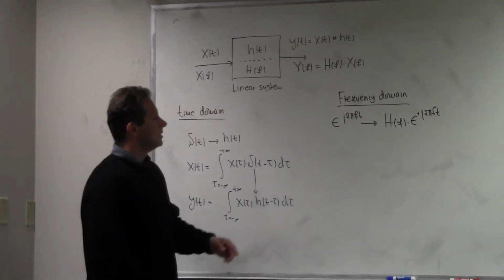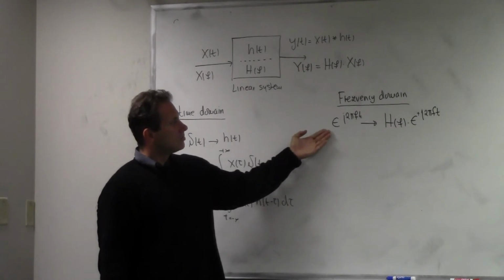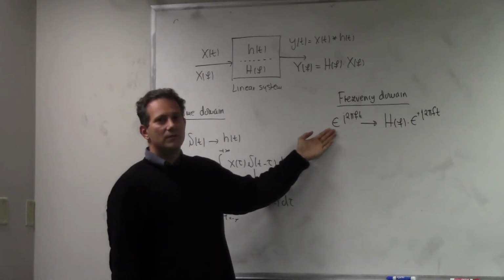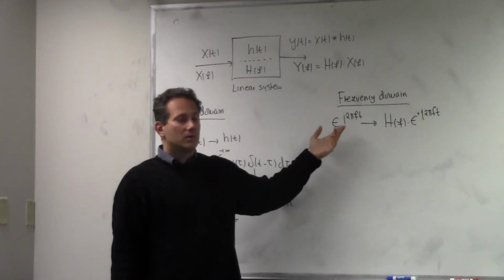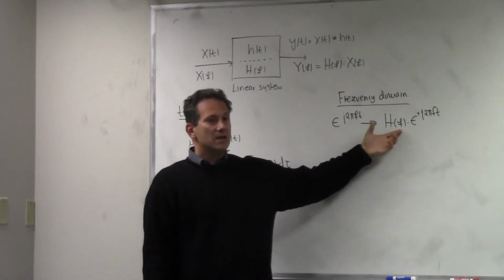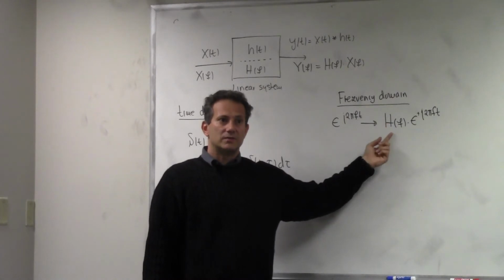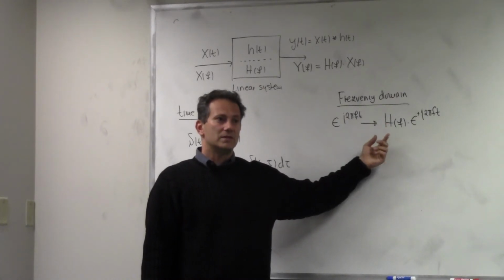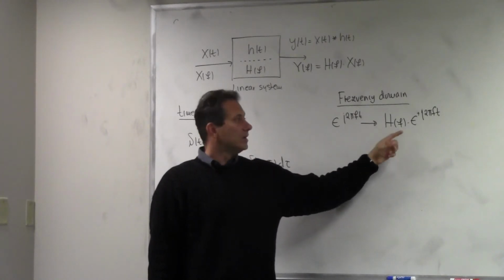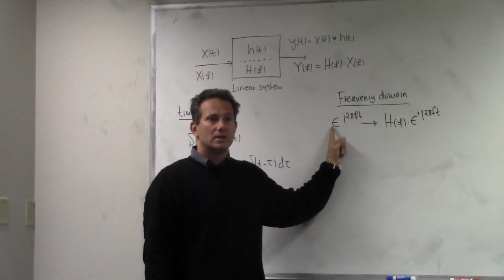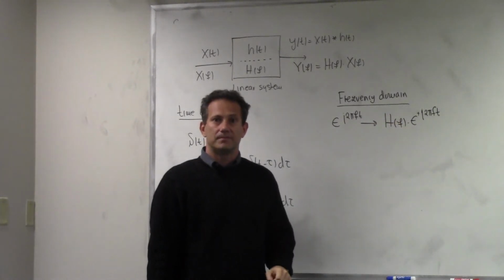So what I find out is that the response of the system to the infinite exponential is more or less trivial. What I get at the output is the same function that I put in, just shifted in phase and possibly scaled in magnitude. This h of f is a complex number. It will change the magnitude of this signal, and it will add to its phase.